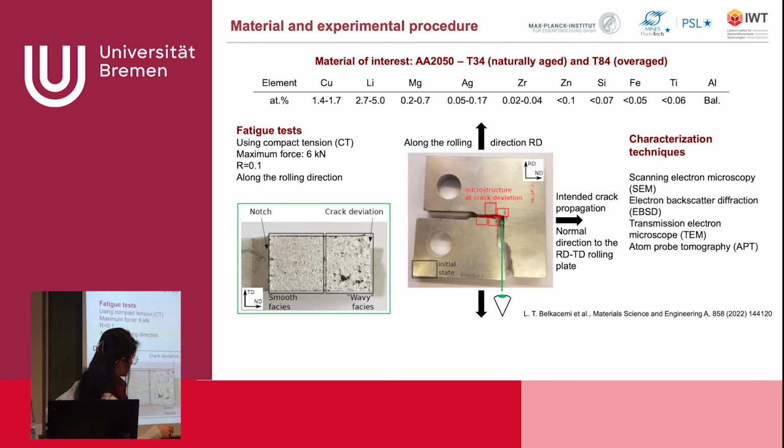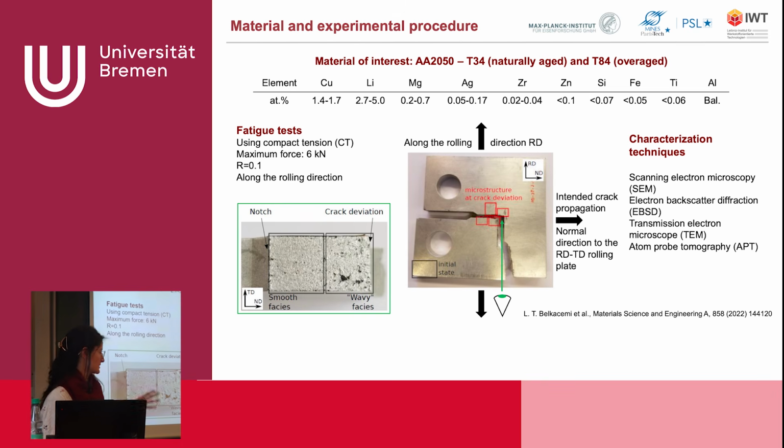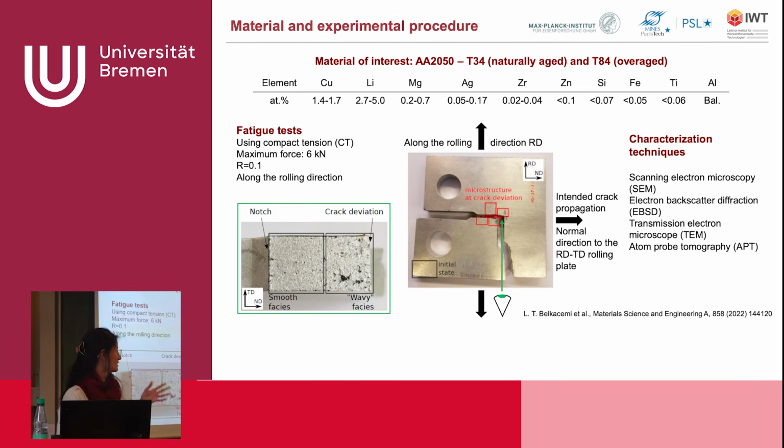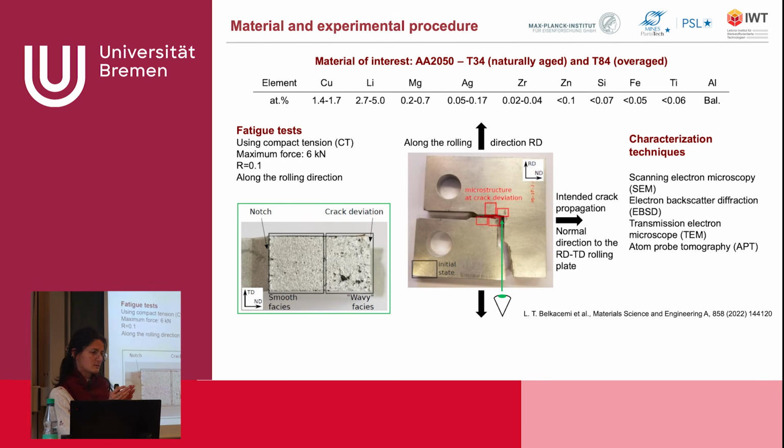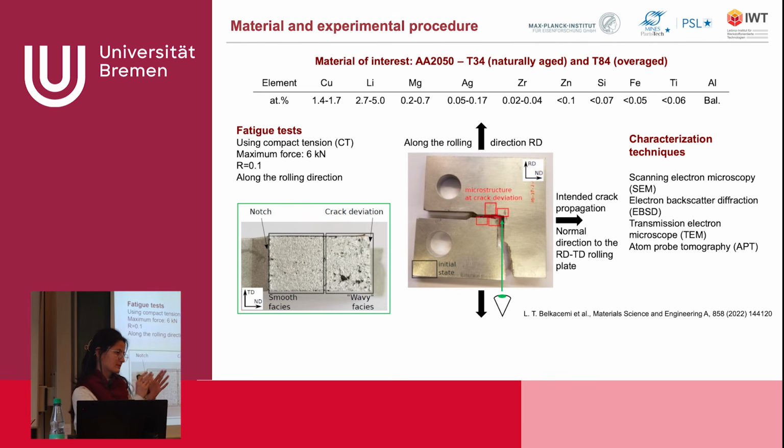So as I said, yes, with different techniques. I'm not showing here all the details and all the results. Just by TEM, we noticed that at some specific grain boundaries, over a certain angle of misorientation, we have this free zone, a precipitate free zone we call it, that is on one side of the grain boundary.